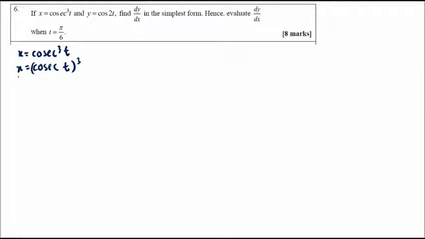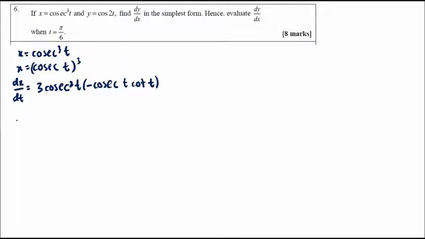If we want to differentiate to find dx/dt, we will have 3 cosecant squared t, and then we need to differentiate cosecant. When you differentiate cosecant, you will get negative cosecant t cotangent t. So this is what you get when you differentiate x with respect to t.